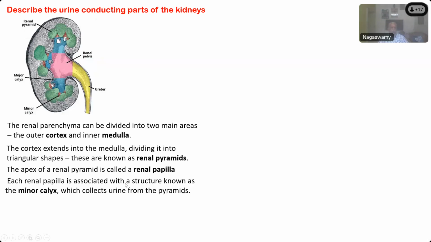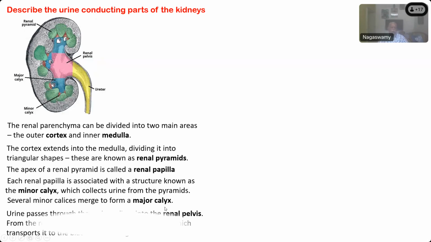Each renal papilla is associated with a structure known as the minor calyx, which collects the urine from the pyramids, and several minor calyces merge together to form the major calyx, and urine passes from the major calyx into the renal pelvis, and from the renal pelvis urine drains into the ureter, which transports it to the bladder for storage and then further evacuation. Okay, so this is the channel through which the urine goes out of the kidney into the bladder.